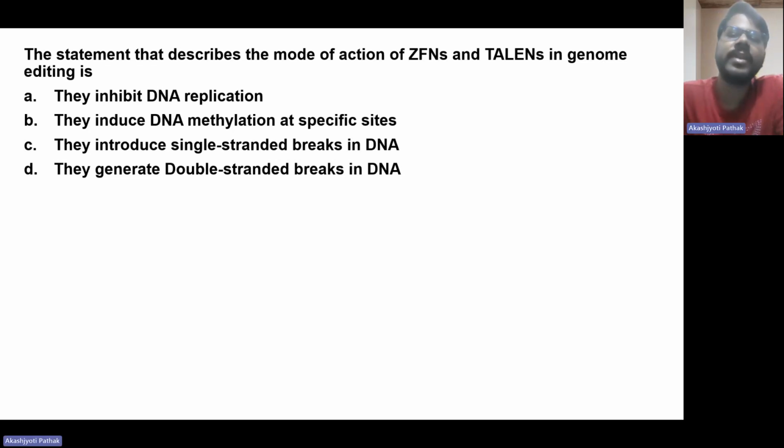Both zinc finger nucleases and TALENs have this FokI restriction endonuclease domain, and they can cleave a particular portion of the genome only when they form a dimer. This FokI dimer binds to that portion of the DNA, which is then deleted. So they generate double-stranded breaks in DNA, which is the correct answer. Once these double-stranded breaks are created, the repair machinery will start functioning in the cell.